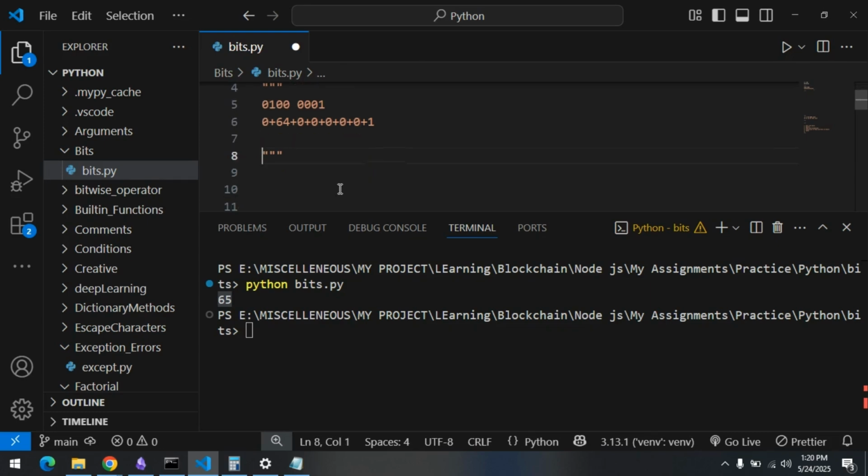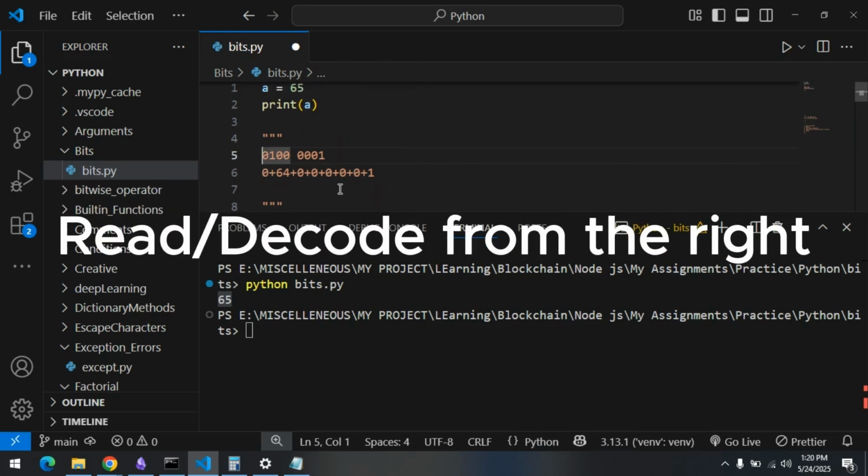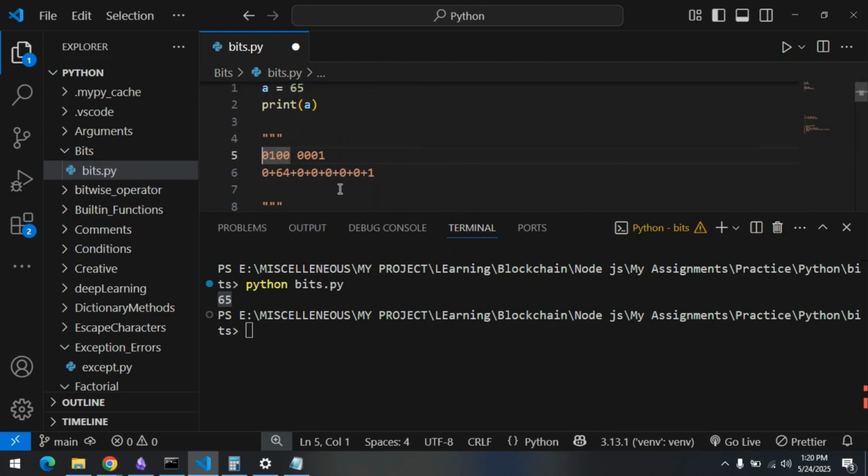So we can just keep adding them: plus 0, and then plus another 0, and plus another 0, and this would be a 64 and a 0. Okay, so each number decodes into an equivalent decimal amount.